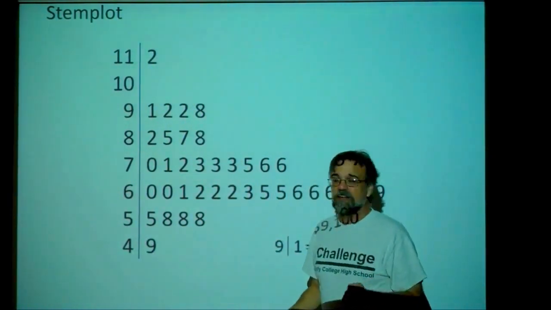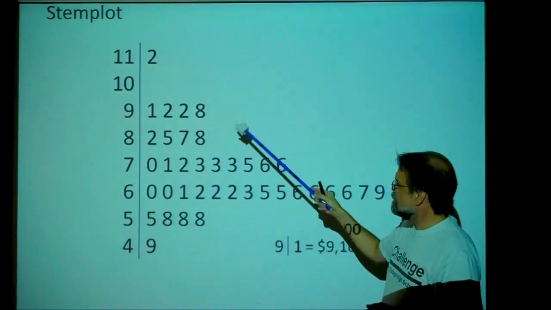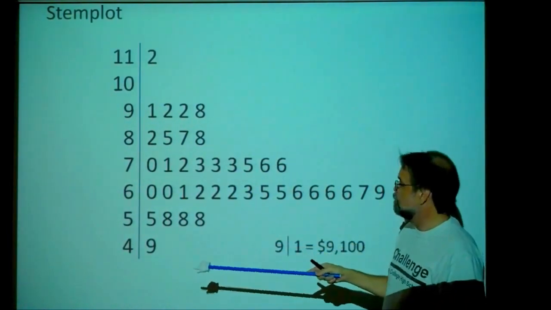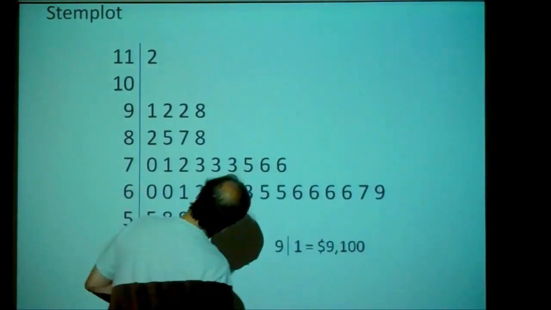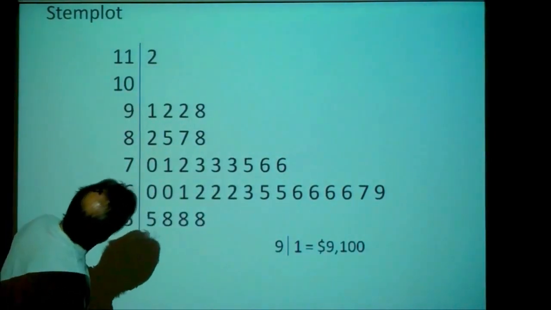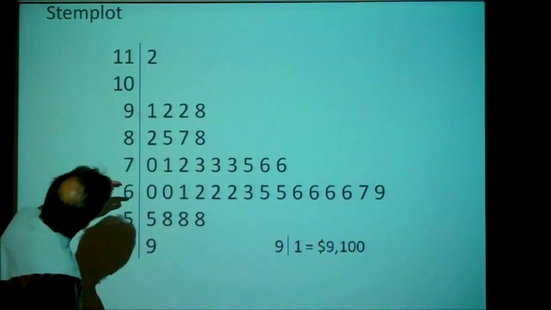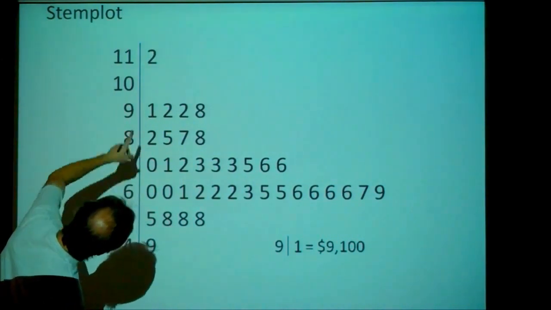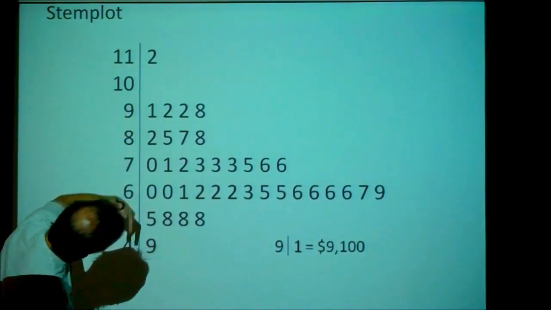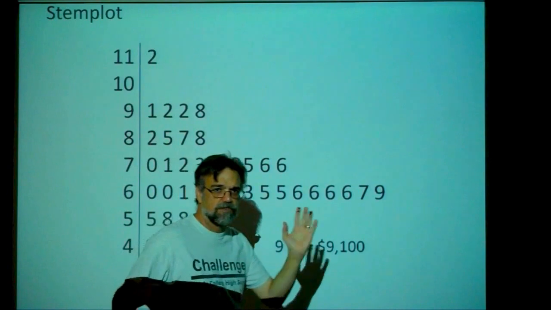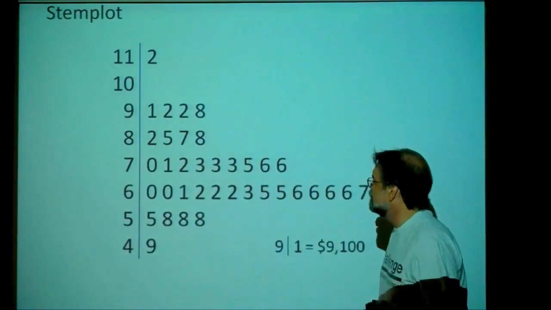And you can get an idea of the spread and the shape. Well, the shape especially, just by kind of turning your head to the right here. You do want to be careful, though, because once you turn your head, the left side is going to be the bigger numbers, and the right side is going to be the smaller numbers, which is usually the opposite of how our histograms are.